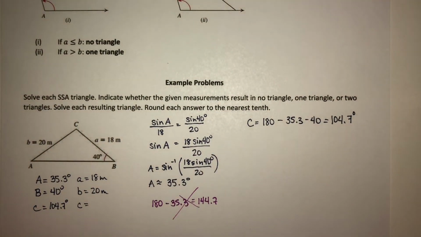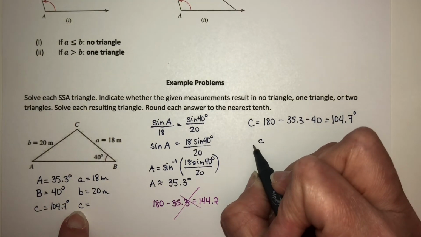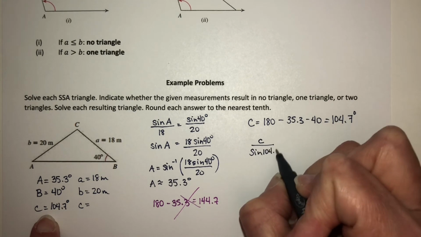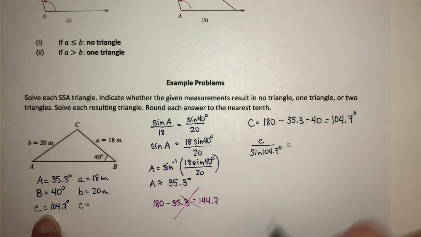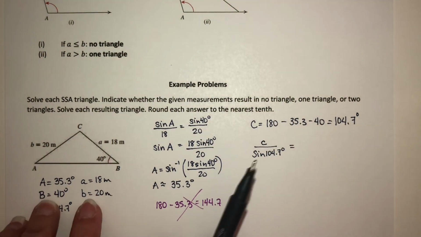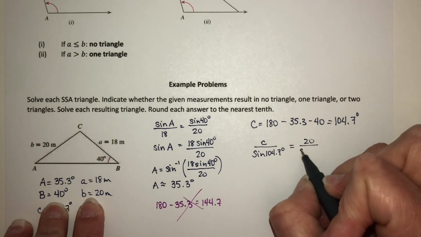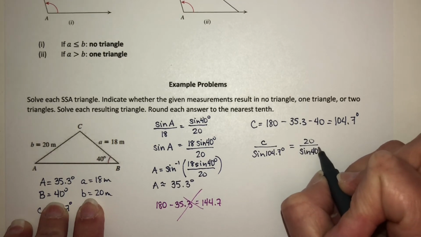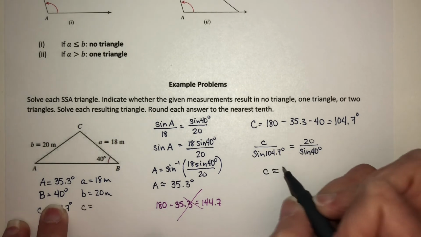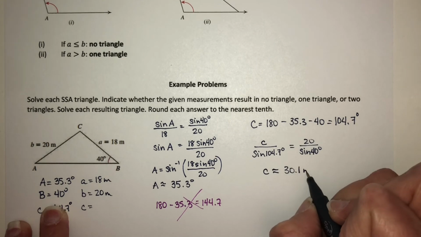And all we have left is to find our length C. C over sine of 104.7 degrees is equal to, I was given both B's, so I'm going with this one, 20 over sine of 40. And solve that for C, and you'll find that your C value is approximately 30.1 meters.